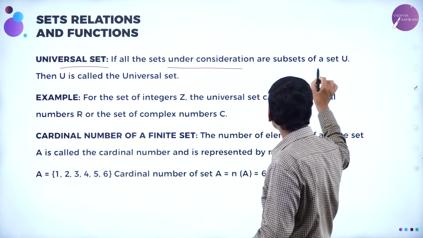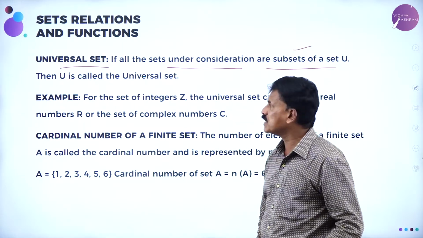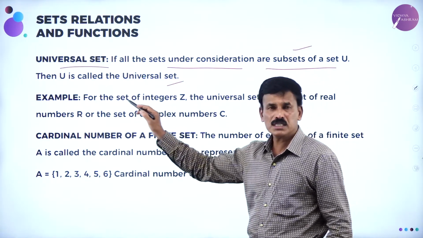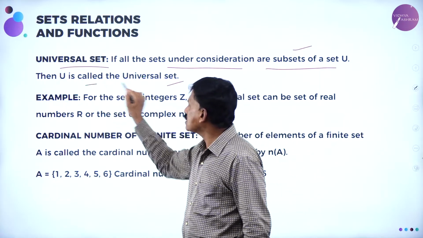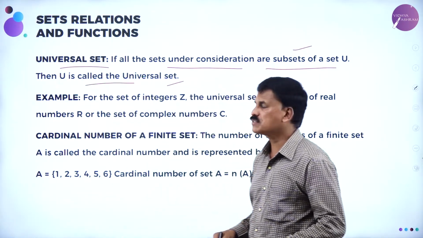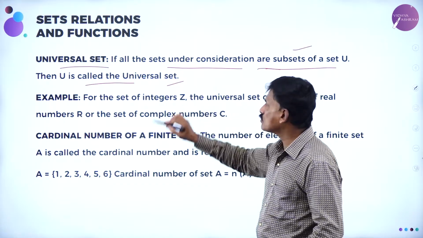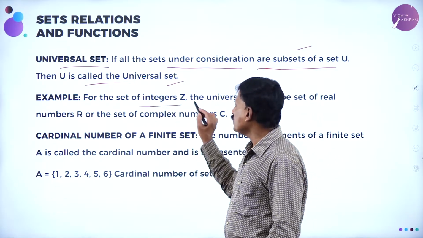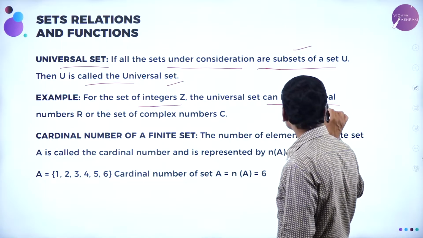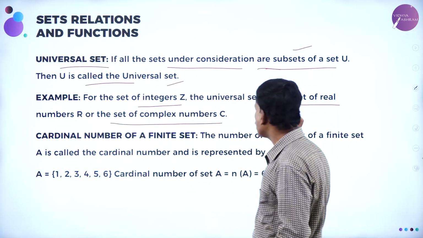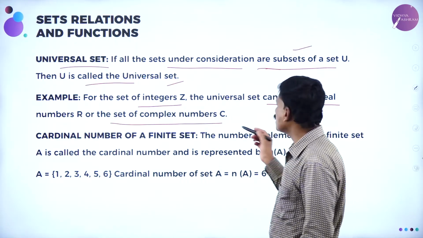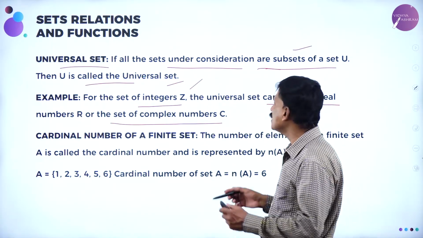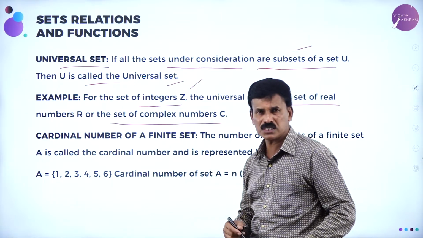If all the sets under consideration are the subsets of a set capital U, it is called the universal set, denoted as U. Example, for the set of integers Z, the universal set can be the set of real numbers R or the set of complex numbers C. So the set of real numbers or complex numbers can be the universal set for the set of all integers, because all integers come under the set of real numbers or complex numbers.